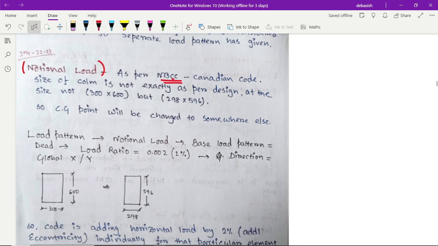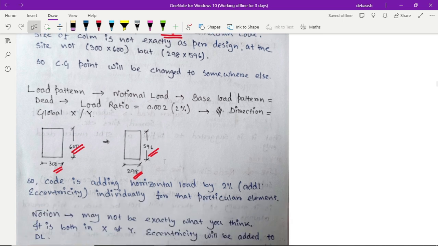If there is some mistake in erection, for example the design size was 300 by 600, but the executed size was 298 by 596, the CG point will change, and due to this change of CG point there will be eccentricity, and due to this eccentricity there will be some additional moment. That additional moment is calculated by applying this notional load by the NBCC people.